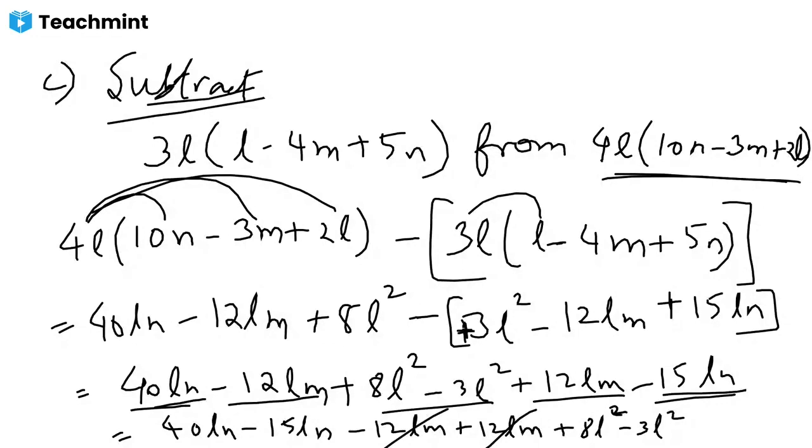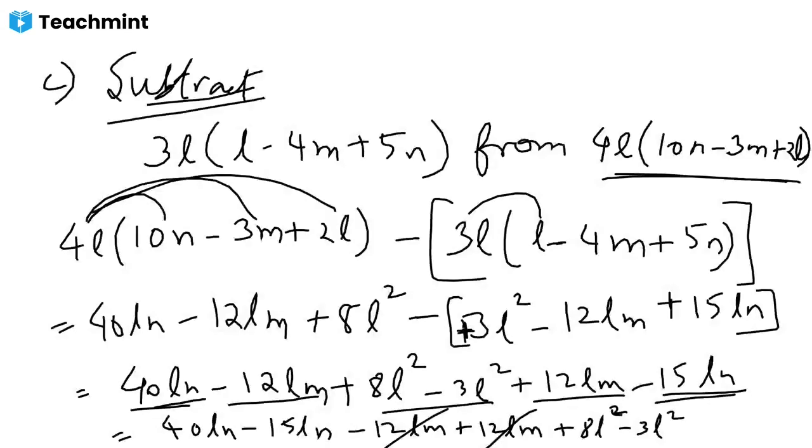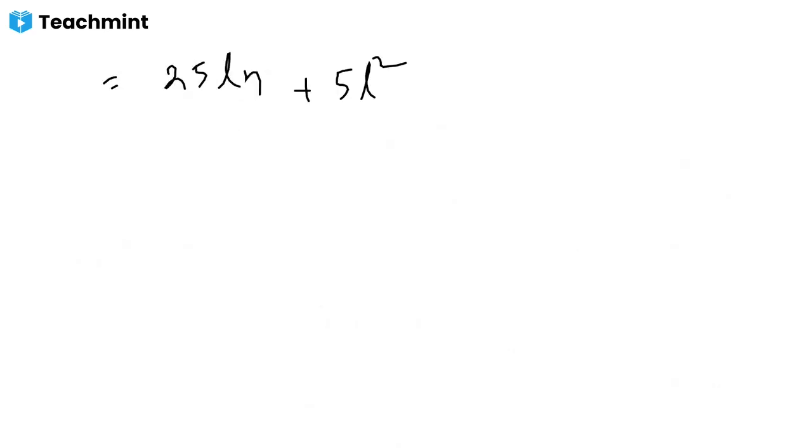Now 40 ln minus 15 ln will be 25 ln, plus because 40 is the greater number, and 8l square minus 3l square will be plus 5l square.